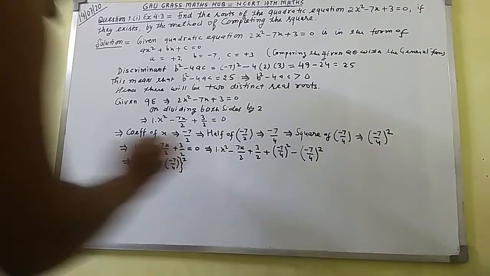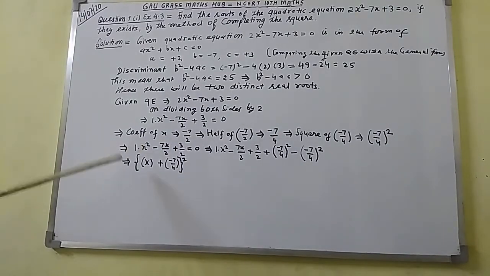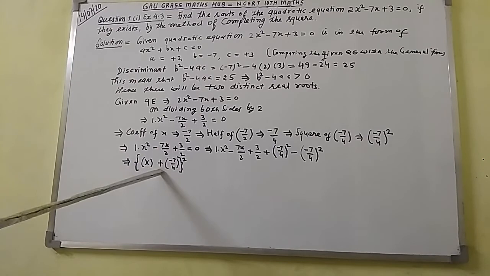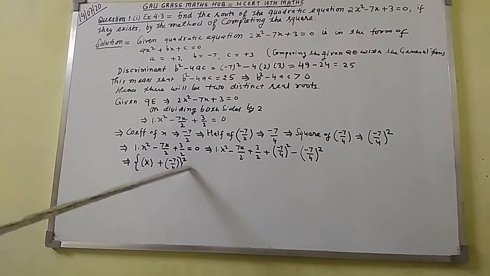Here write whole square. So here I have written an open curly bracket. In one bracket x will be there, plus minus 7 over 4, and x will be there, whole square.